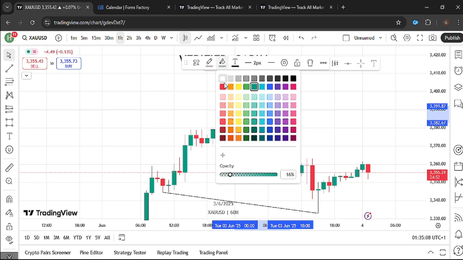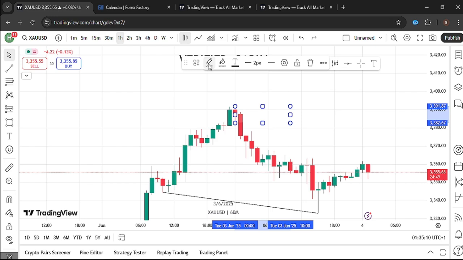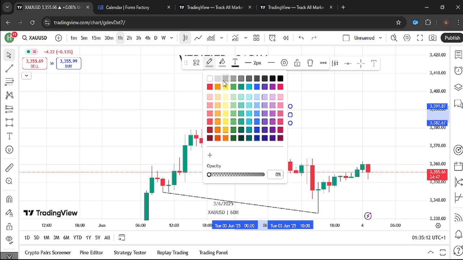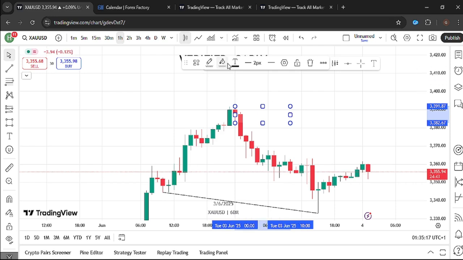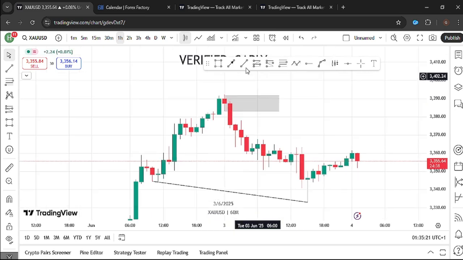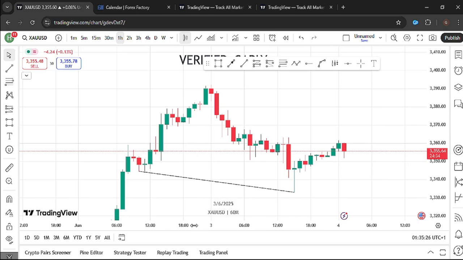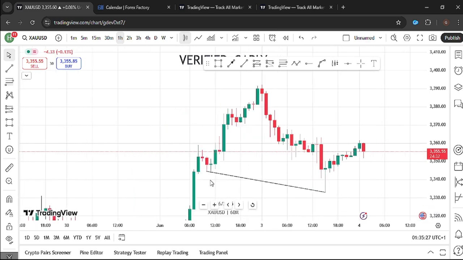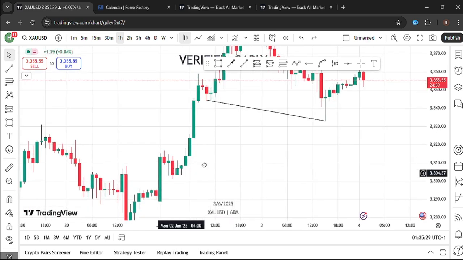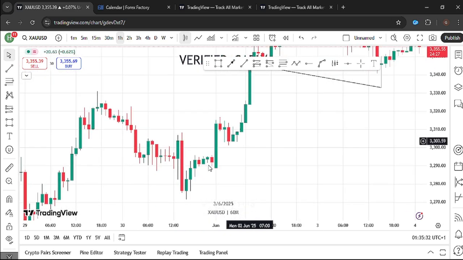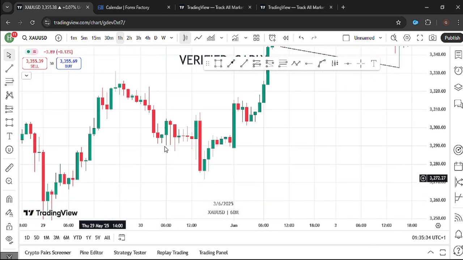So maybe I want to mark my demand. I'm just using an example for you, that is not a valid demand. But with time you will know a valid demand. Let me say I want to mark out this right here as my demand.